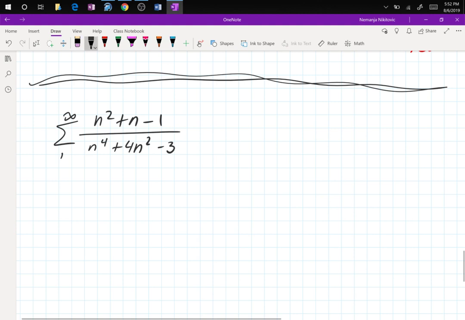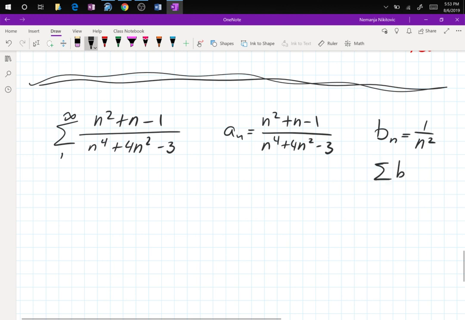So your an is n squared plus n minus 1 divided by n to the fourth plus 4n squared minus 3. Bn is what we are interested in, 1 over n squared. And we know that summation of Bn is going to be convergent by P series.